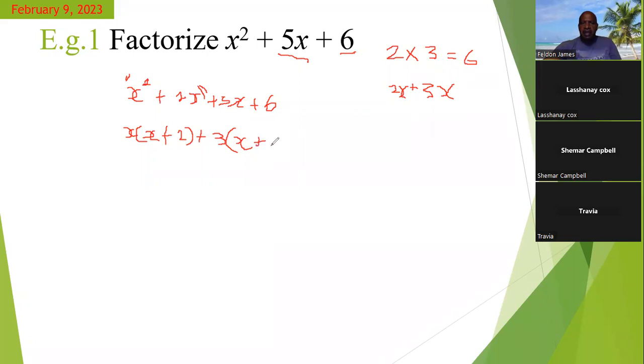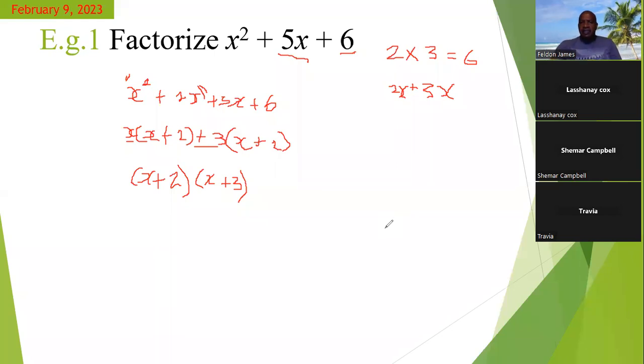So 6 divided by 3, we get 2. And we close our brackets. Now, as before, the bracketed expression is common, so we just pull it out. And then whatever is outside the brackets, we group those and put them into the other brackets. And then you get this. All right, so those would be the factors.